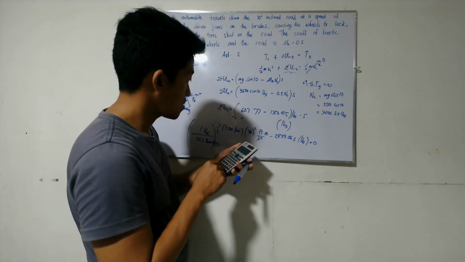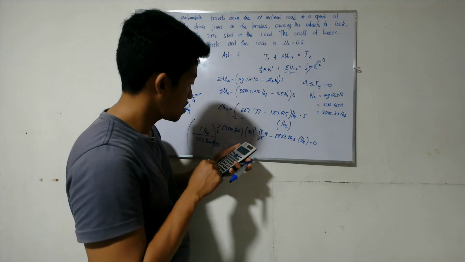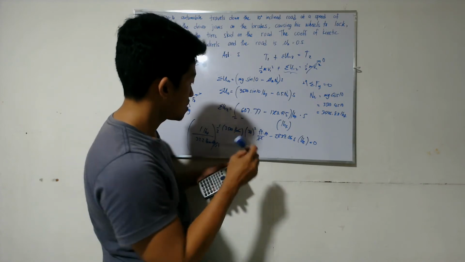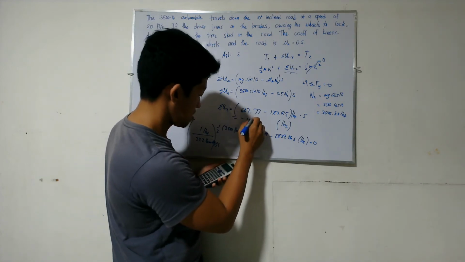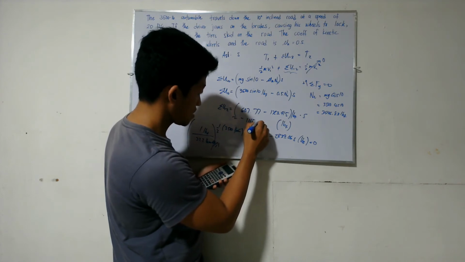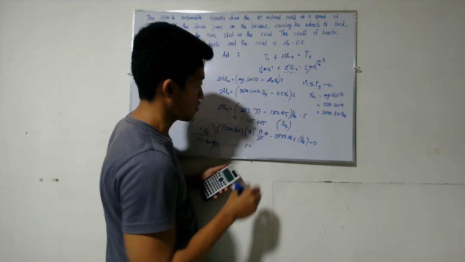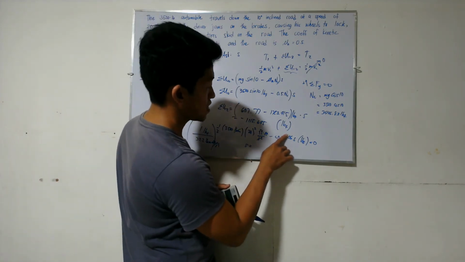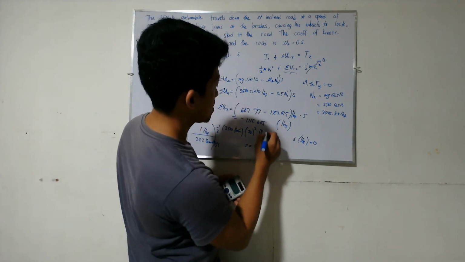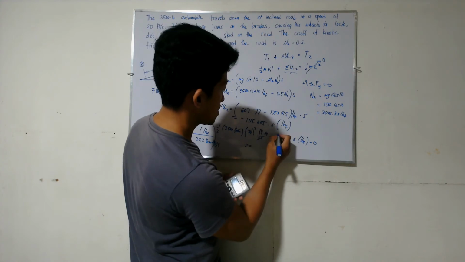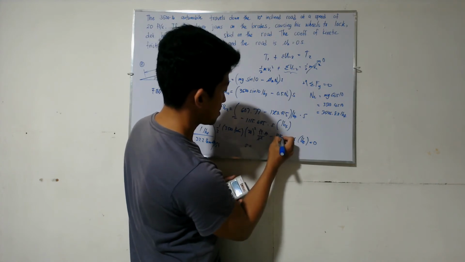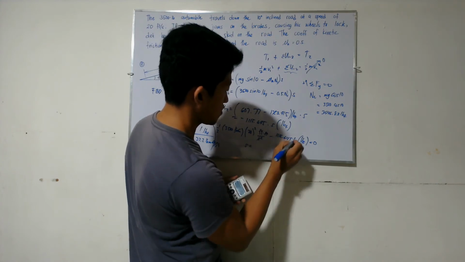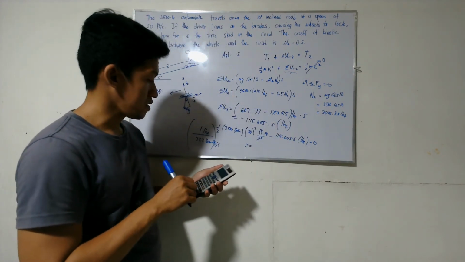So it becomes 1723.415 minus this, which is just 115.645, times this. Okay.